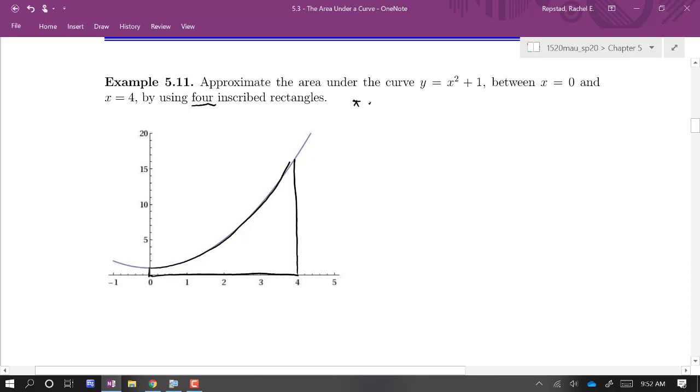So the width of each rectangle, if they're all going to be equal width, is going to be the length of the whole interval divided by the number of rectangles.